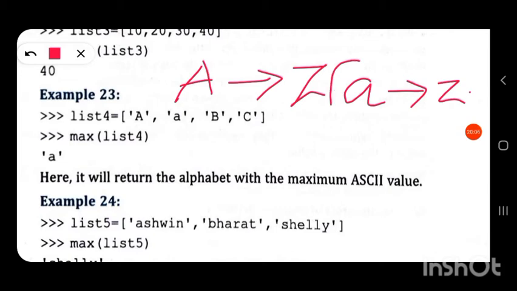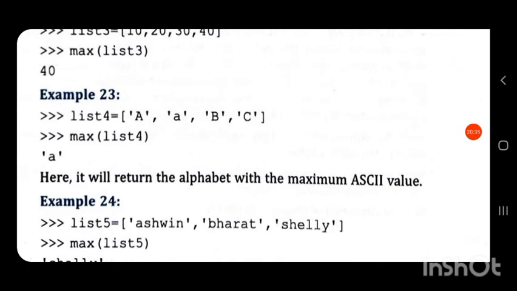So higher ASCII values are for small letters than the capital letters. Small letter a has an ASCII value greater than that of capital Z. I think the ASCII value of A is 65, then 66 for B, and so on up to Z. Then comes small letter a, then small letter b and so on.